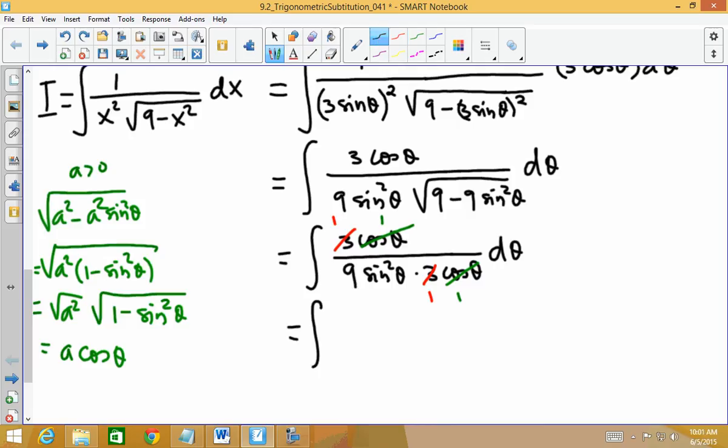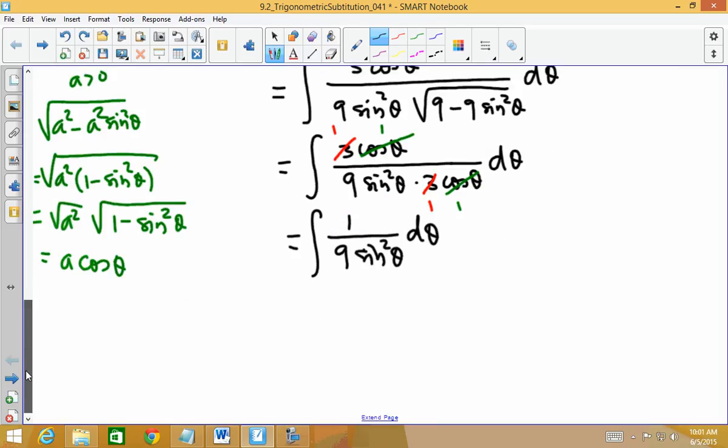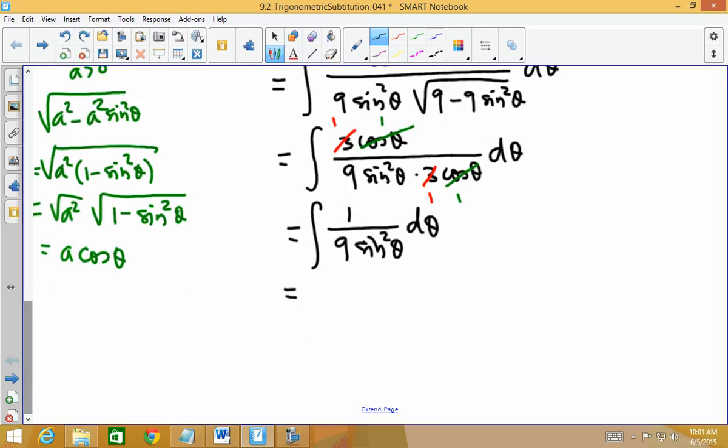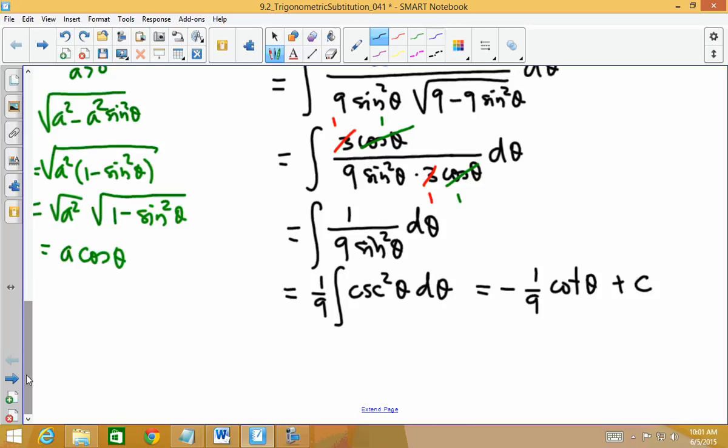The integral becomes 1 over 9 times the integral of 1 over sine squared theta d theta, that is 1 over 9 integral of cosecant squared theta d theta. This is negative 1 over 9 cotangent theta plus a constant, because the derivative of cotangent theta is negative cosecant squared theta.